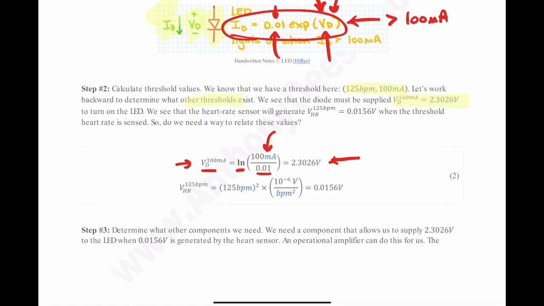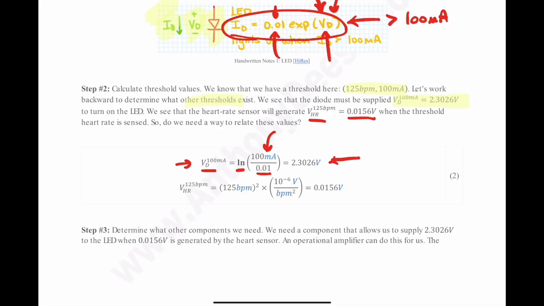We see also that the heart rate sensor will generate a value of 0.0156 volts when it is observing a heart rate of 125 beats per minute.